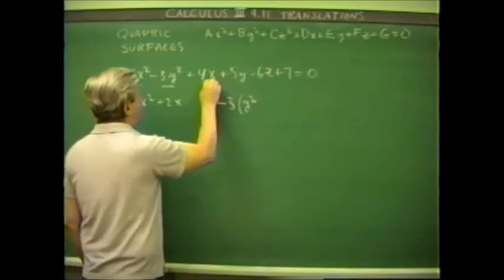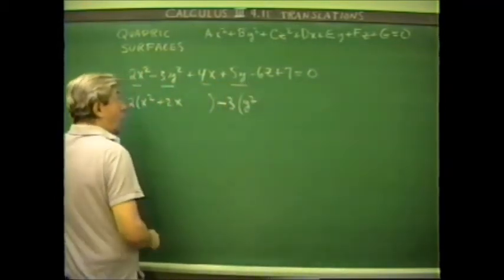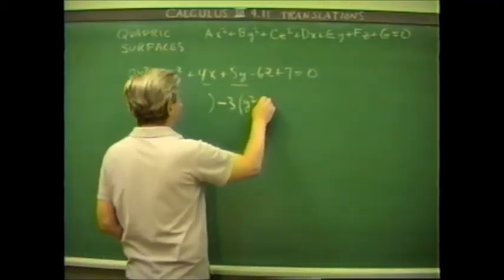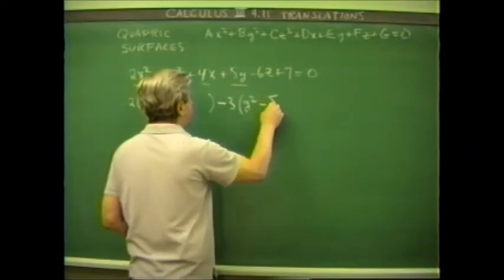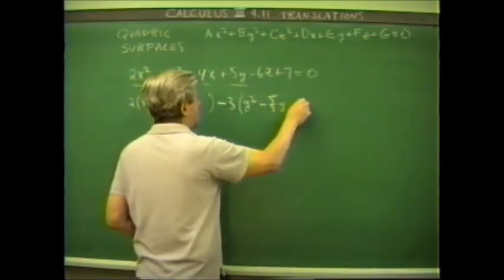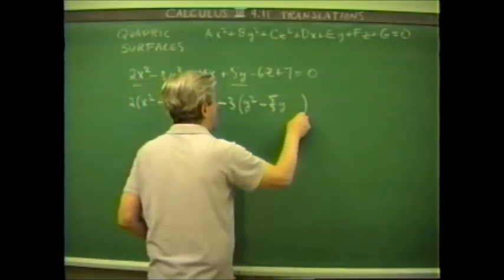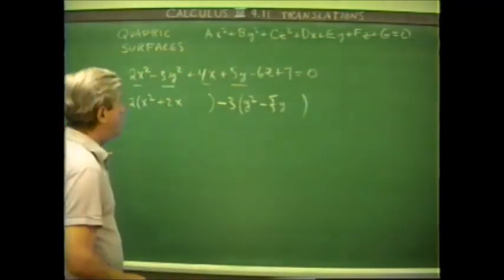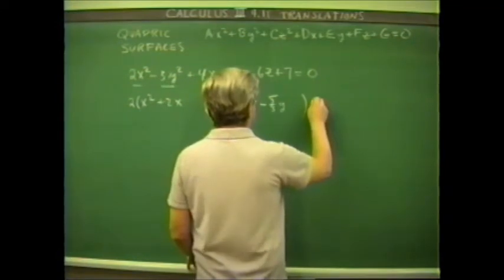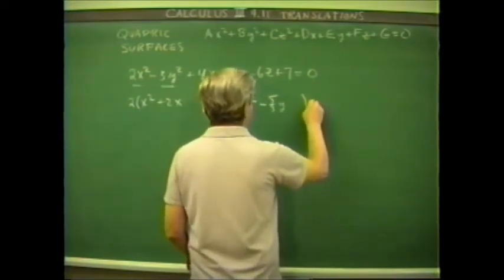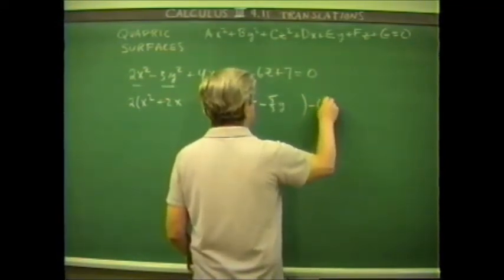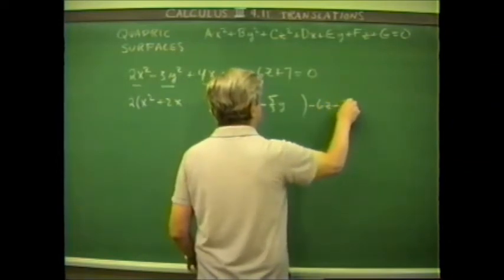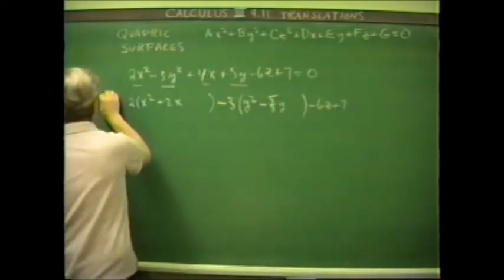And we want now the y term. If we put this inside the parentheses here, it's going to be minus 5/3 y. All right. Minus 6z plus 7. Let's leave that for the moment equals 0.